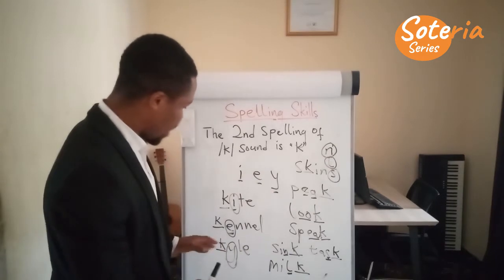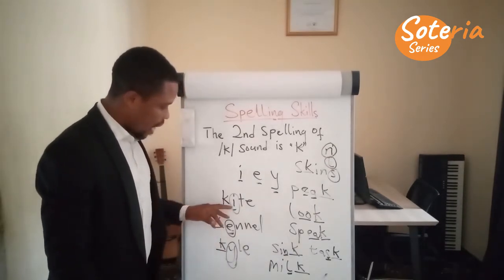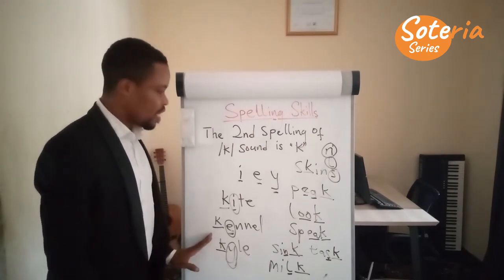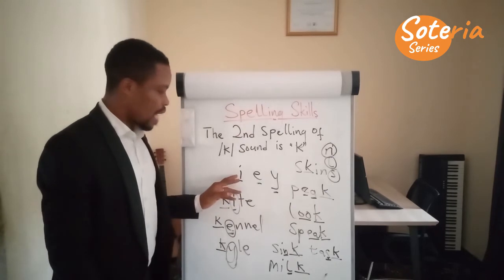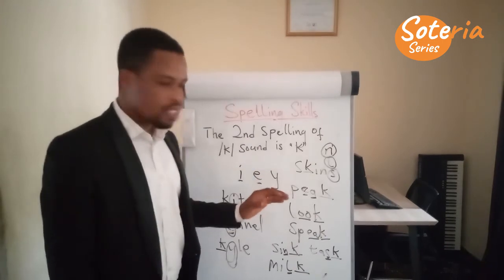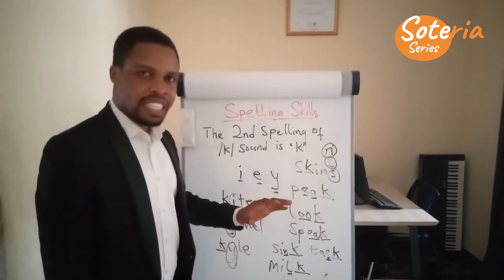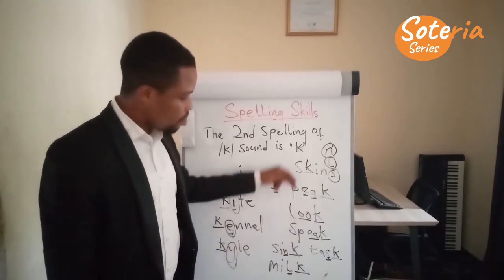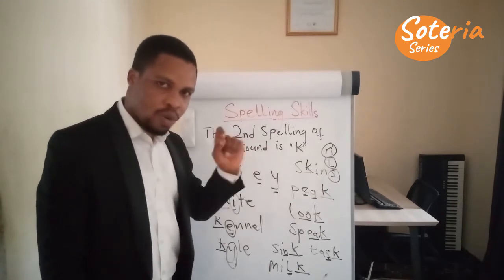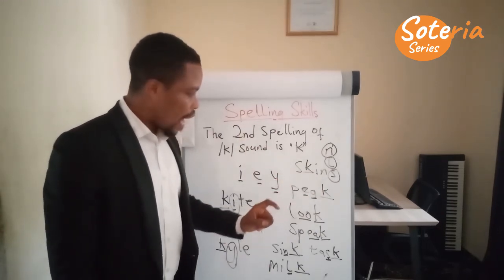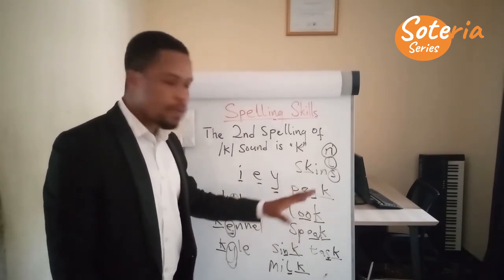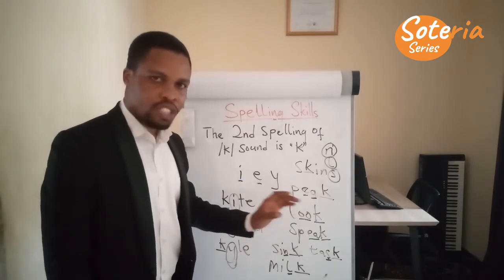So, one, in the beginning of words, when the sound is followed by I, E, or Y, spell with K. Then in the middle, in the same way, when the sound is followed by I, E, or Y, don't spell with any other spelling of the sound, but spell with K. And then when the sound is heard at the end of single-syllable words and follows double vowels, don't spell with CK, CH, or C or any other spelling.